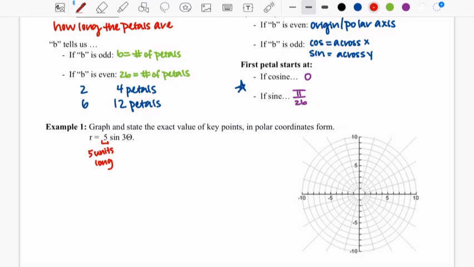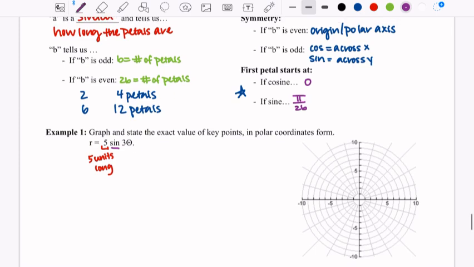We are talking about sine, so that should tell you a little bit about where our first petal should start. It's also going to tell us about our symmetry. I see that we have a 3 in front of that theta, so that B value is odd, so I know we're going to have 3 petals. And in addition, because it's odd and we're talking about sine, I know that we are going to have y-axis symmetry.